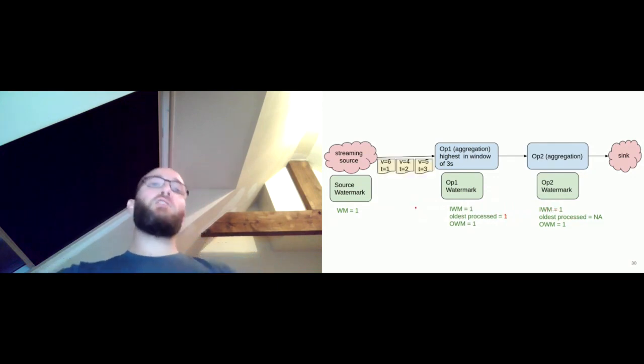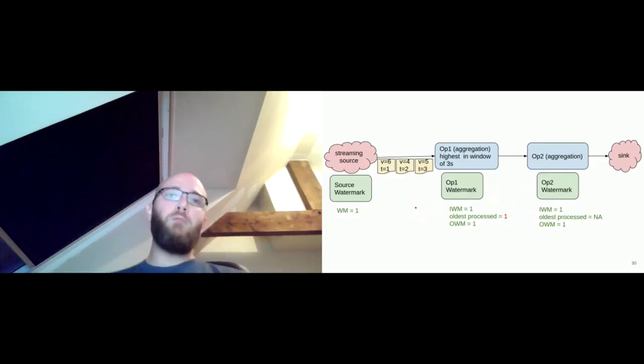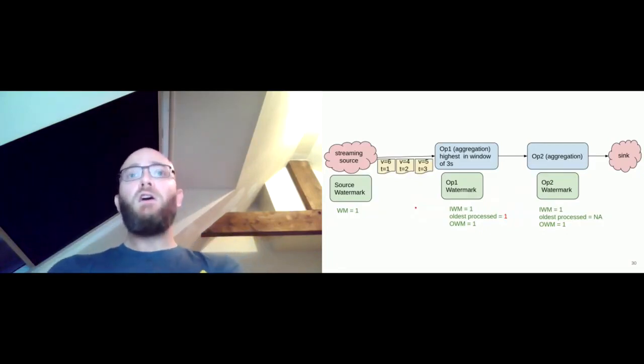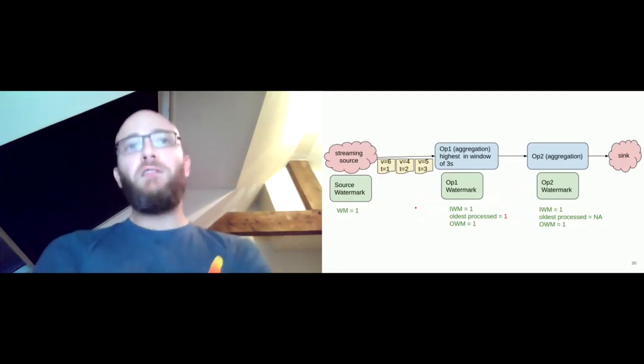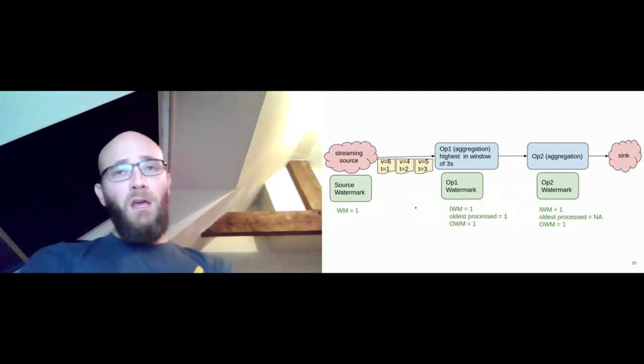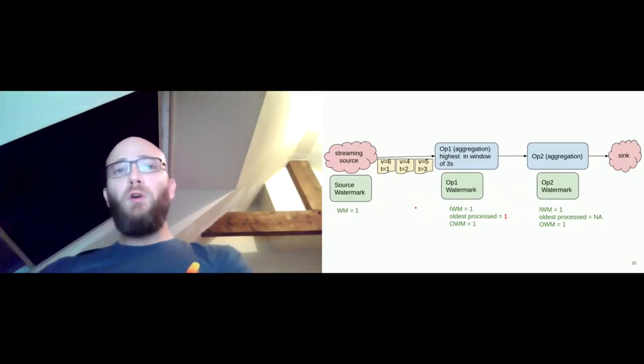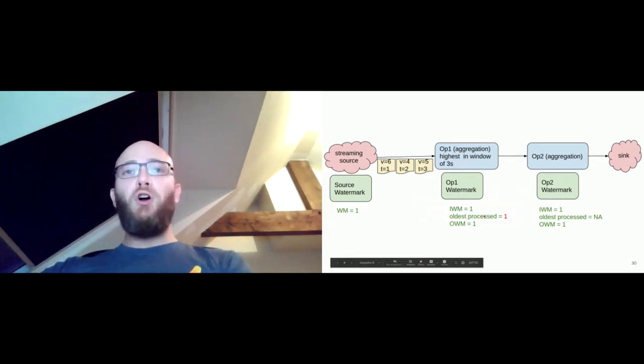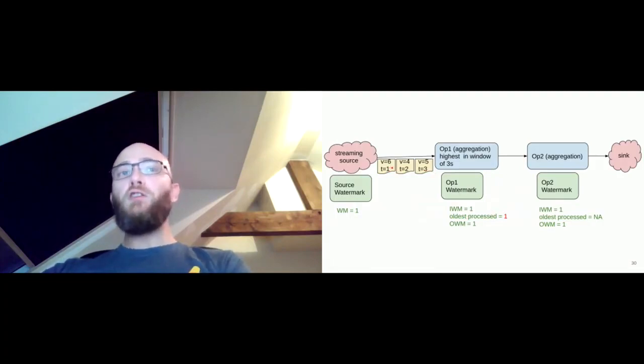So let's say now that we receive the very same 3 elements with values 6, 4, and 5 and timestamps 1, 2, and 3. So they get buffered inside operation 1. Operation 1 updates its current oldest processed counter to the oldest timestamp, so it's timestamp 1.